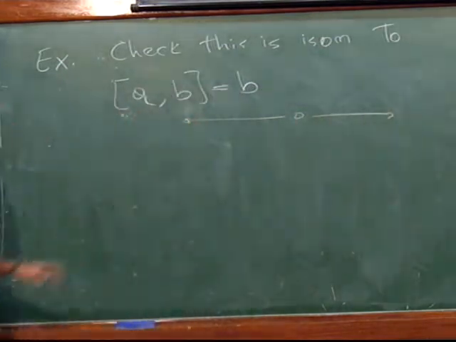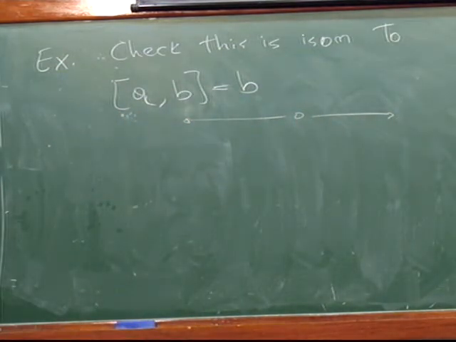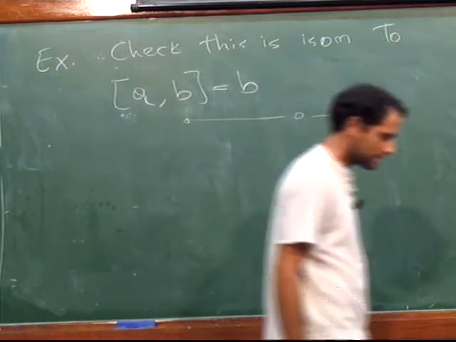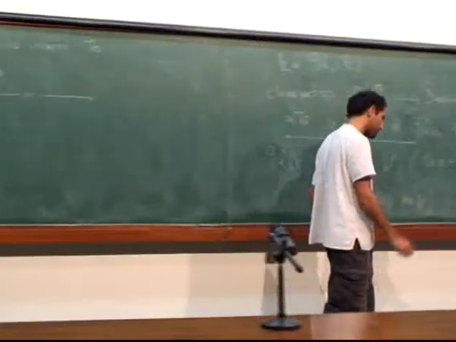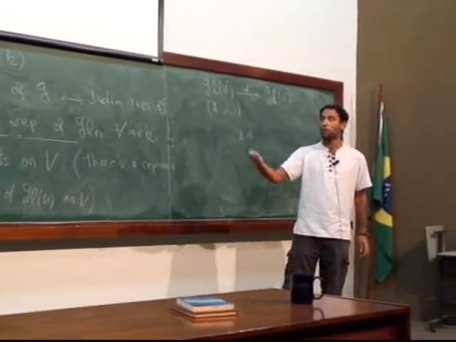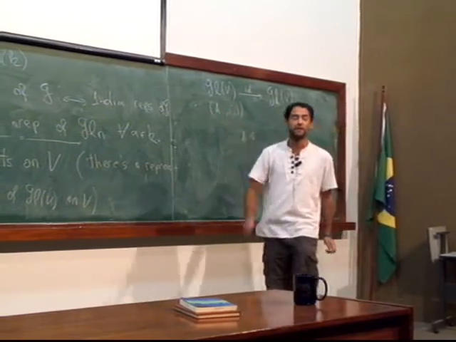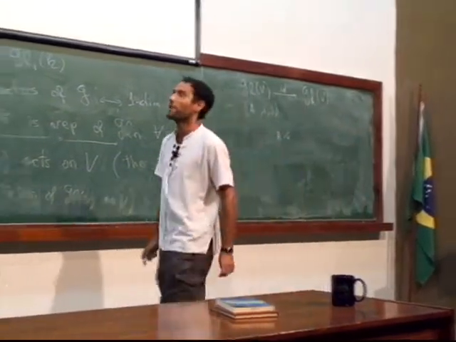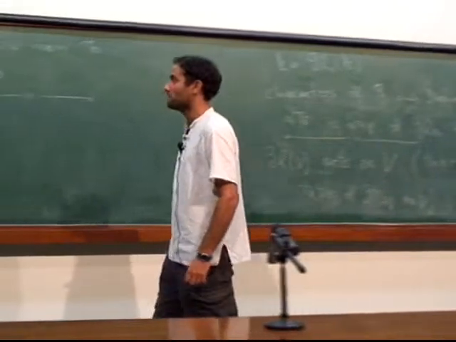But I think somehow this was in the exercise. And this is just a matter of rescaling. But there are two non-isomorphic two-dimensional algebras. One is abelian, and the one that is non-abelian is this one. It has two generators, such that the bracket of A with B is equal to B.